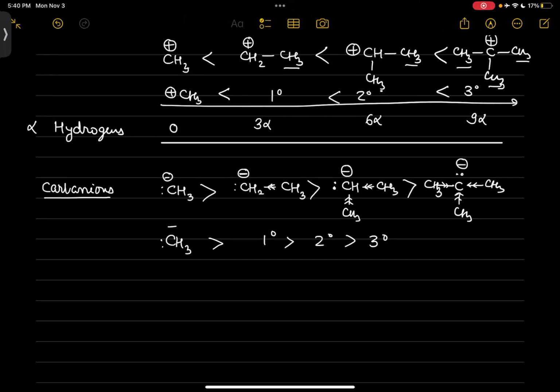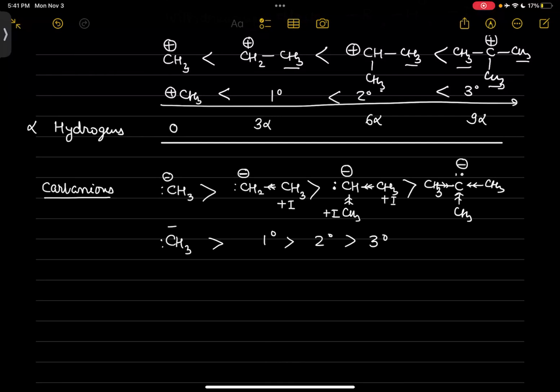Because these alkyl groups are actually electron donating groups, they will push their electrons, whatever the bond is there, to the other side, away from them. So what is going to happen on this carbon atom?